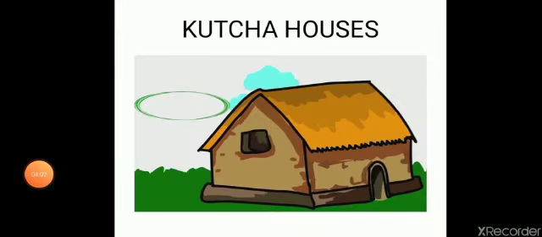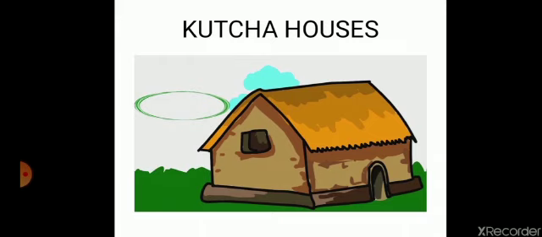The second type is the Kacha house. A Kacha house is made up of straw, mud, clay, twigs, bamboo, hay, etc. It is not as strong as a Pakka house, but we need Kacha houses as well.